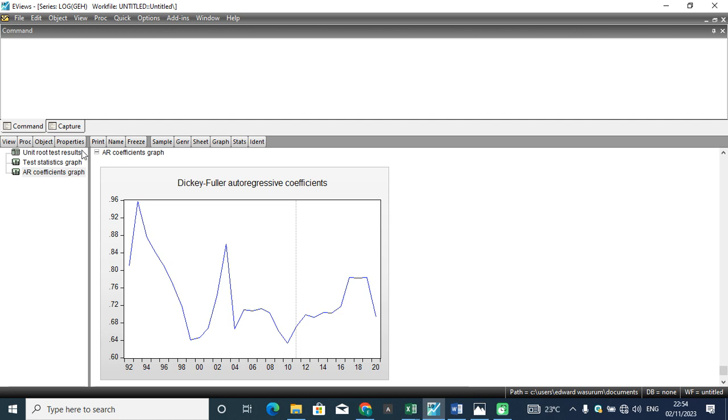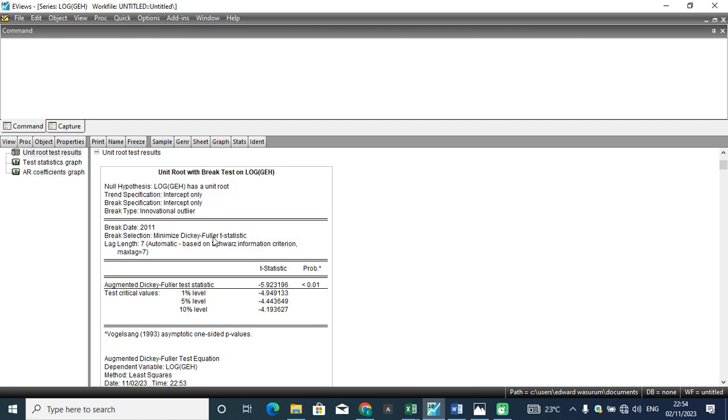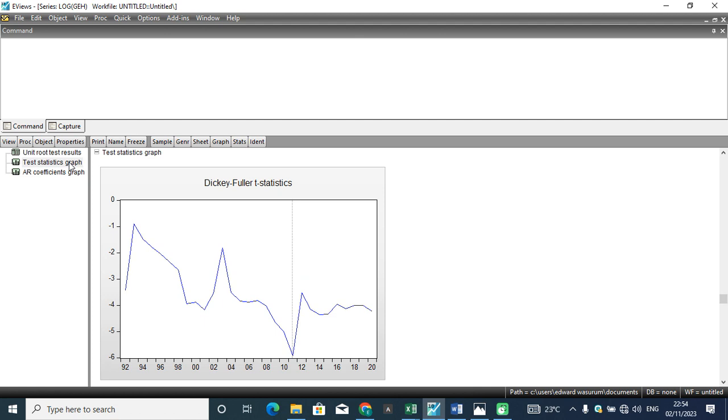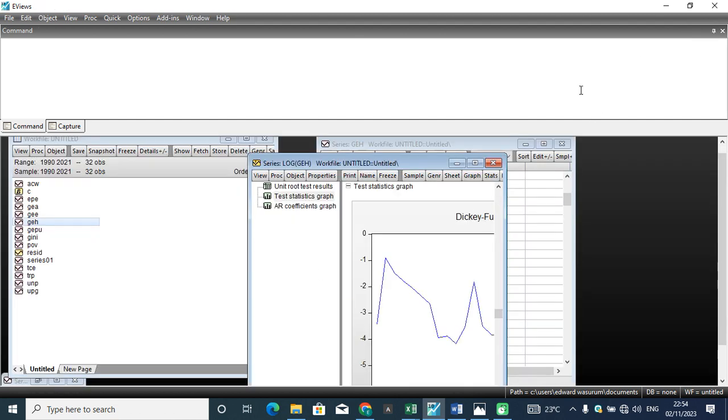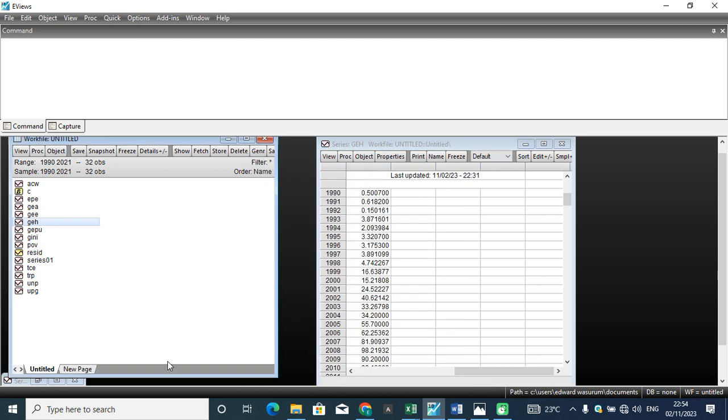So basically, this is how we identify the presence of structural breaks in time series data. Researchers could take advantage of that, build their models, and take decisions on the appropriate method of analysis without making grievous errors.